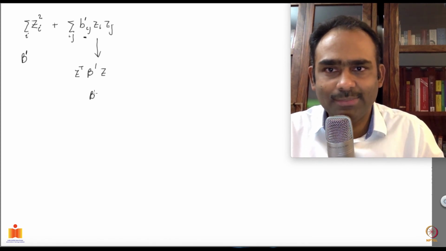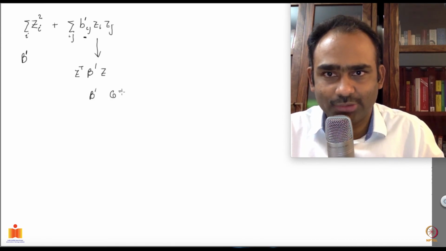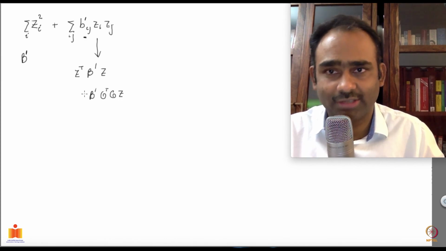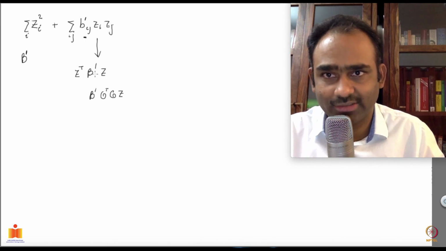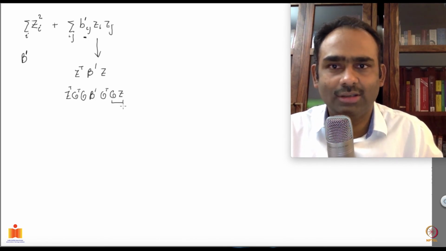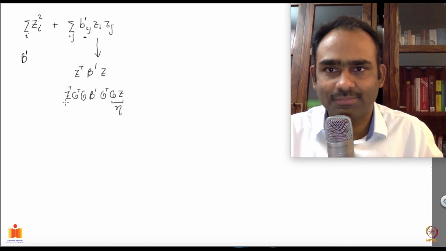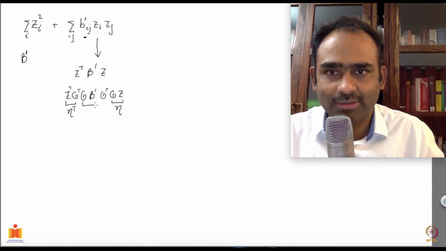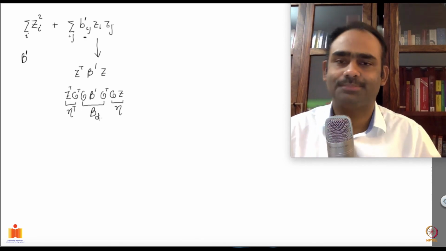Now let's say b prime gets diagonalized by O. So I am going to write O z, O transpose, and this will be an orthogonal transformation because b prime is a real symmetric matrix. O transpose z transpose. Okay, this I call eta. This will be eta transpose, and this will be your b diagonal.